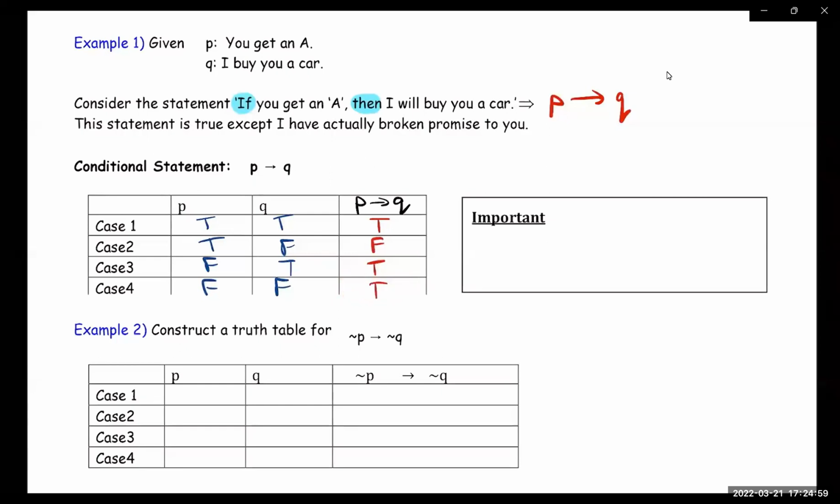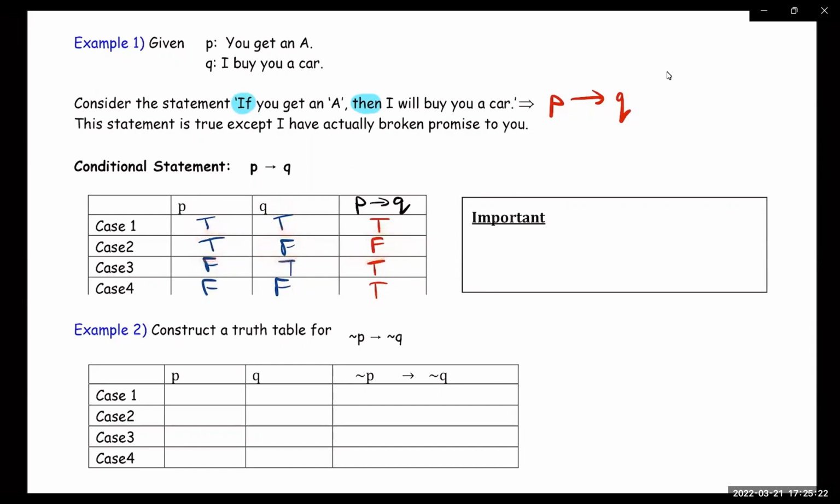So if you start off with a true, then end in a false, it'll be false. That's the only time. But if you start off with the false, it doesn't matter what happens after that. As long as you start with the false, your statement will be true. And if you start with the true and end with the true, it's still true. The only time it's false is when you start with the true and end with the false.